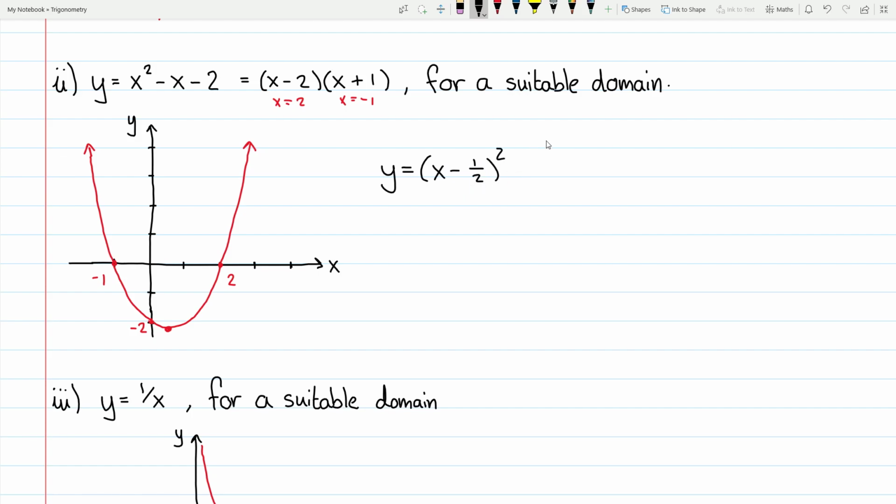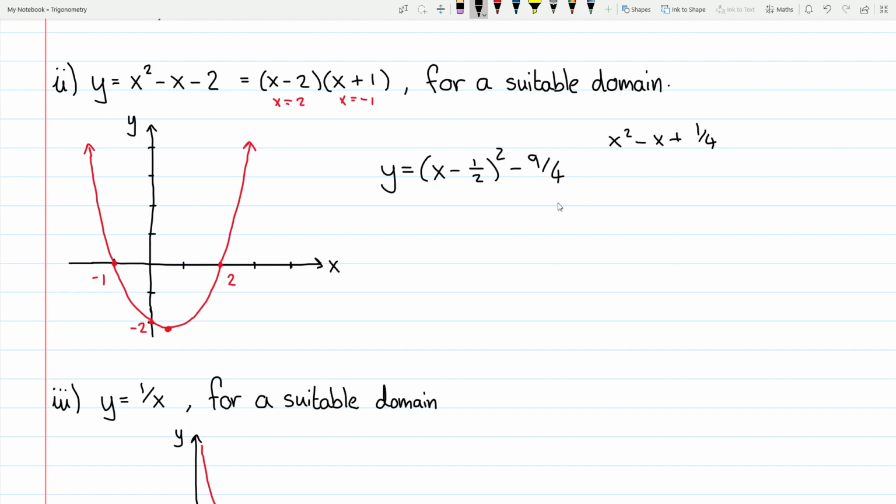You square that. And notice here, if you were to expand this, you get x squared minus x plus 1/4. Now the quarter just doesn't match up at all, but these other values do. And so to correct this, we subtract from here enough to get to here. So this is going to be minus 9/4.